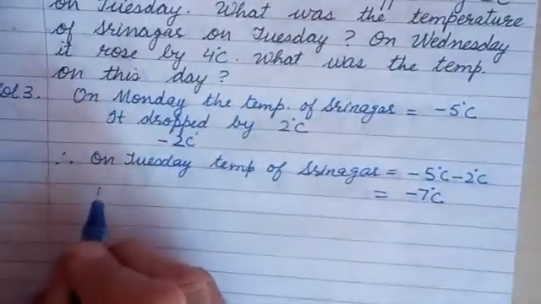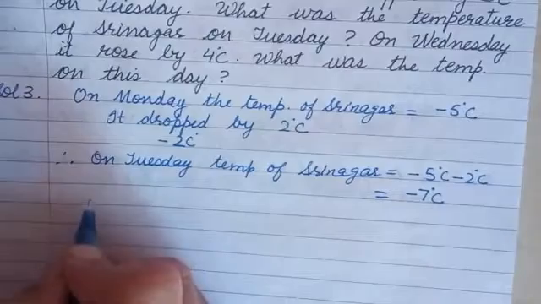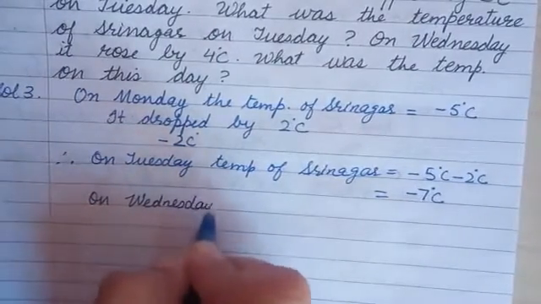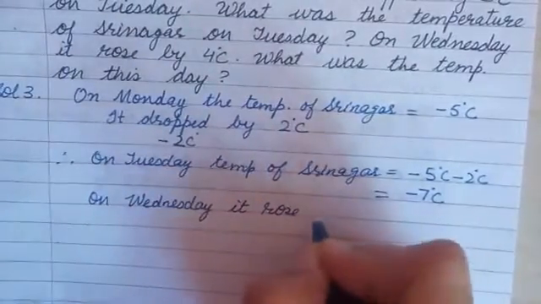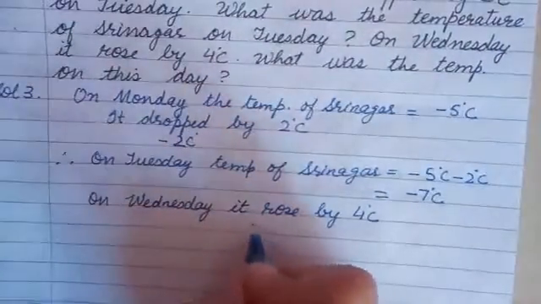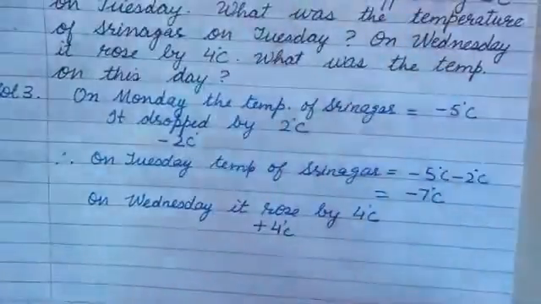Now in question they are saying on Wednesday it rose by 4 degrees Celsius. Rose means plus 4 degree. There is increase, rise in the temperature.